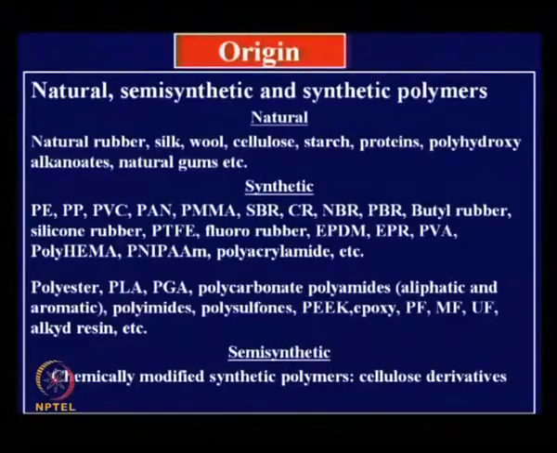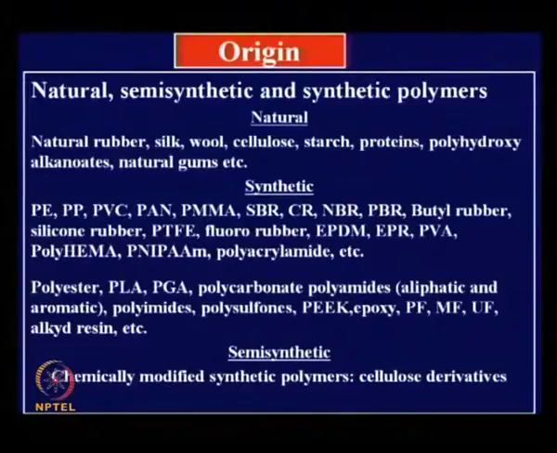Next category is synthetic polymers. When the demand for polymers could not be supported by the naturally occurring polymers, natural rubber and other gums etc. were not sufficient enough, then people thought of preparing different types of polymers by an artificial route, for which they found petroleum products, petroleum base.